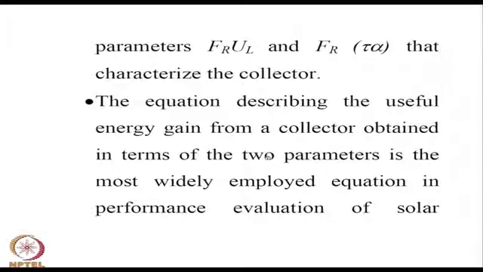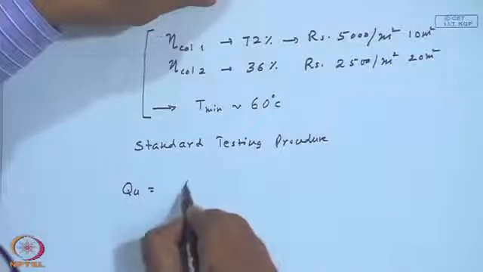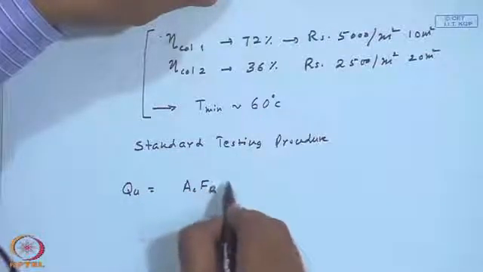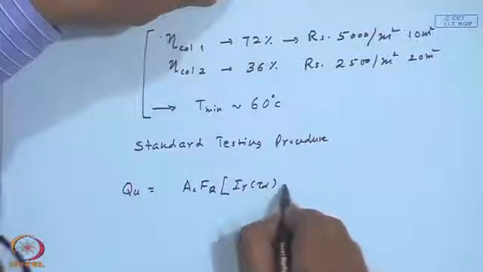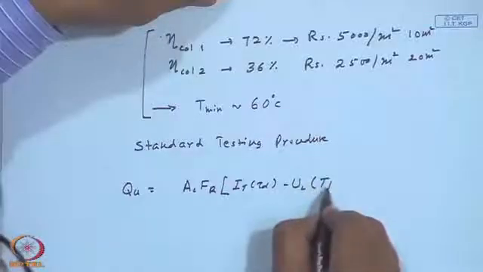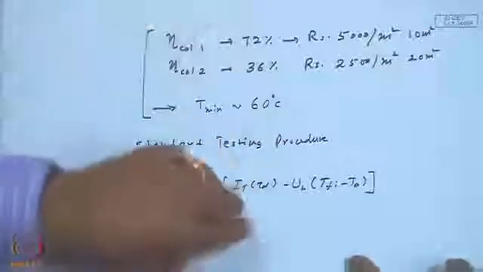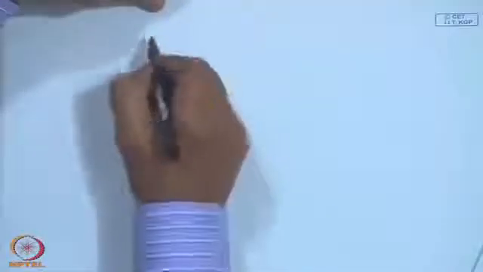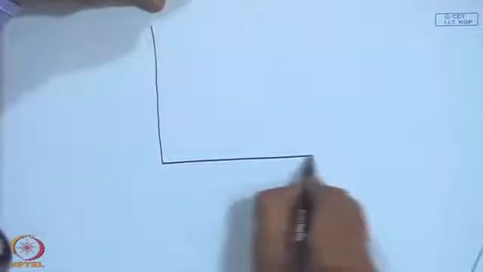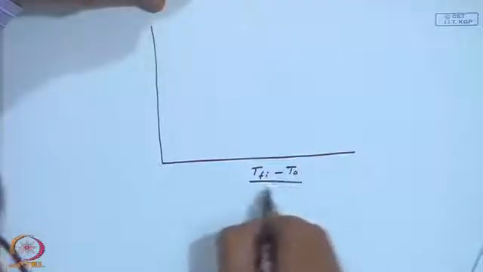So, now you will find that Q is A_C F_R into I_T tau alpha minus U_L into (T_Fi minus T_a), and we have determined from the efficiency equation by (T_Fi minus T_a) by I_T versus efficiency, one line.